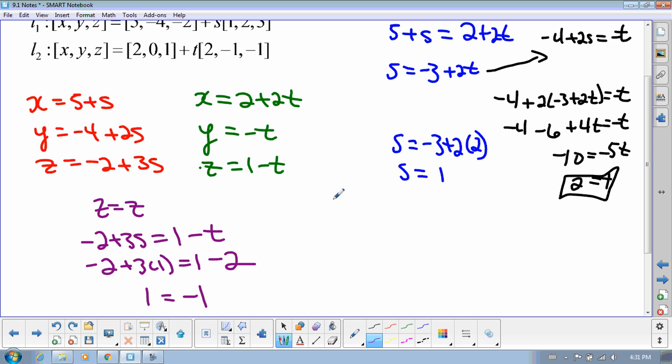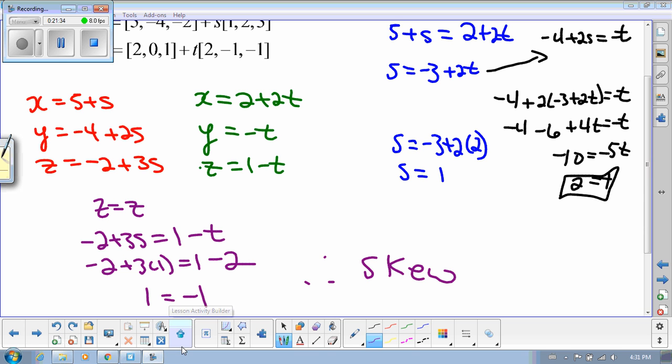They're not exactly the same. So that means there's no point of intersection. So the lines have to be skew. So hopefully that makes sense. Lots of information there, but ultimately it's all about comparing parametric equations.